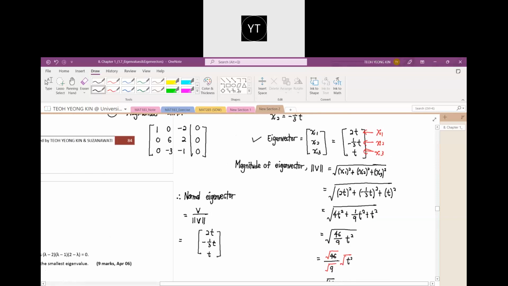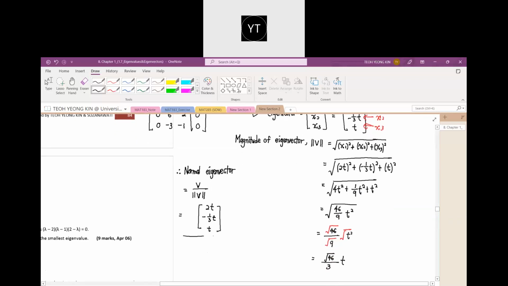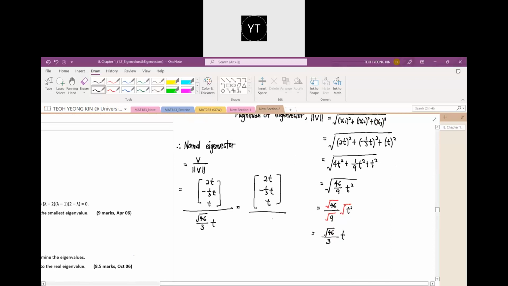This is our eigenvector. Divide by the magnitude. Magnitude is square root of 46 over 3t. So I can write in this way. 2t, negative 1 over 3t, t per. So this one boleh tulis sebagai square root of 46 t tulis kat tepi ni over 3.